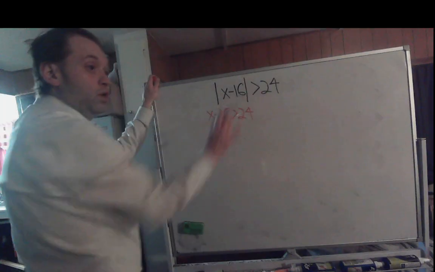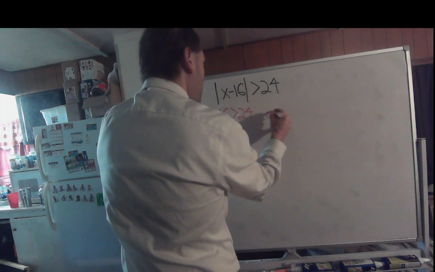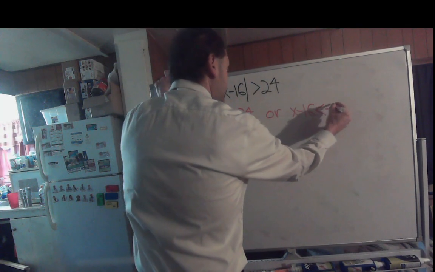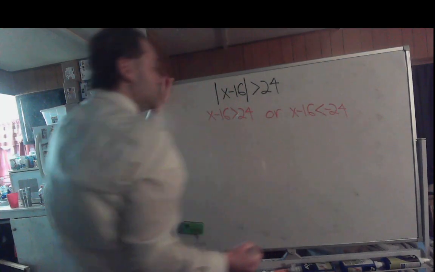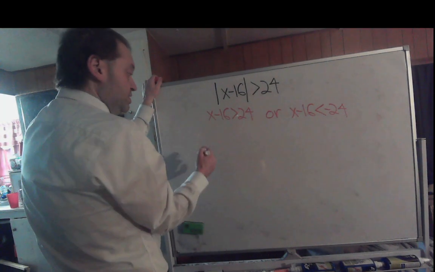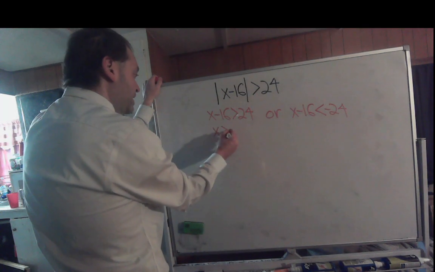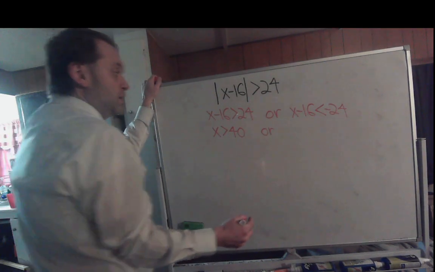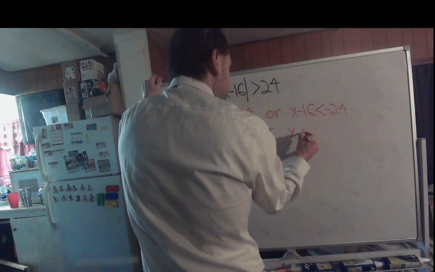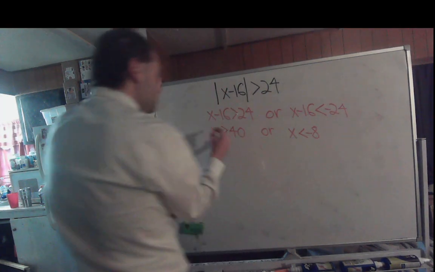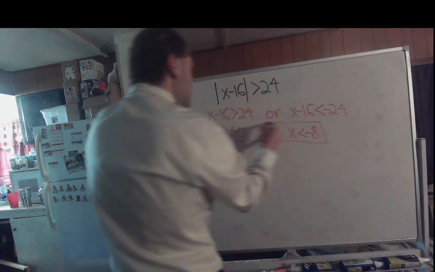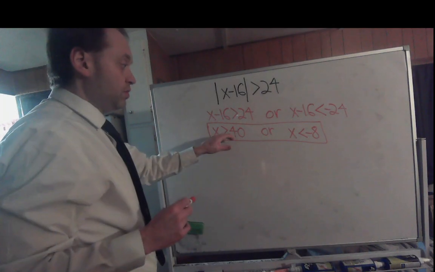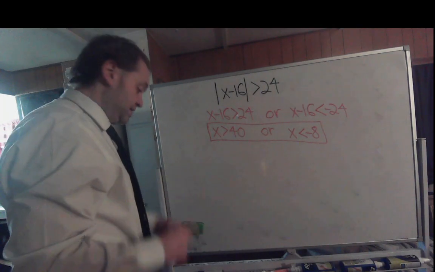Now, greater than, so you'll have or x minus 16 is less than negative 24. So that's going to give you two solutions here. You'll end up having that x is greater than 40, or you'll have that x is less than negative 8. So those are your two solutions that would make this inequality true. X is greater than 40 or x is less than negative 8.